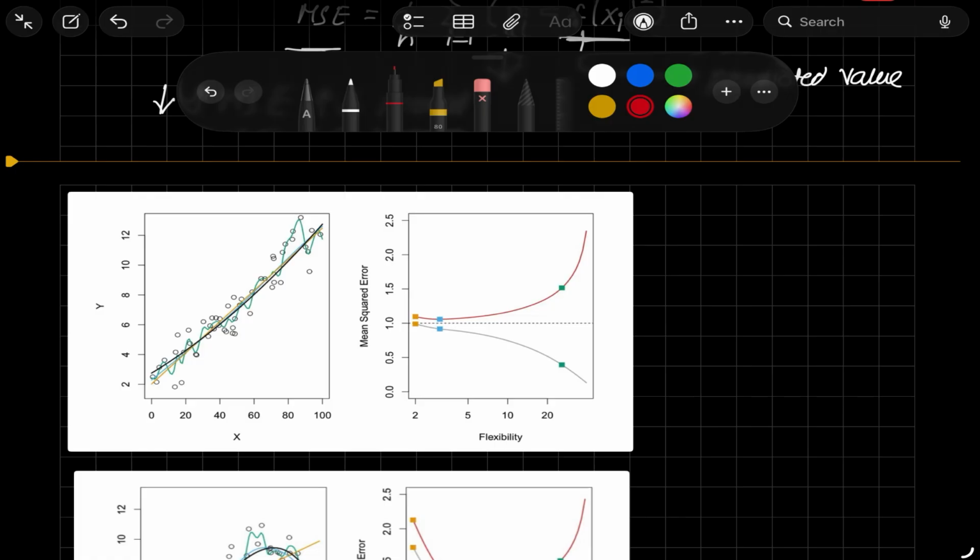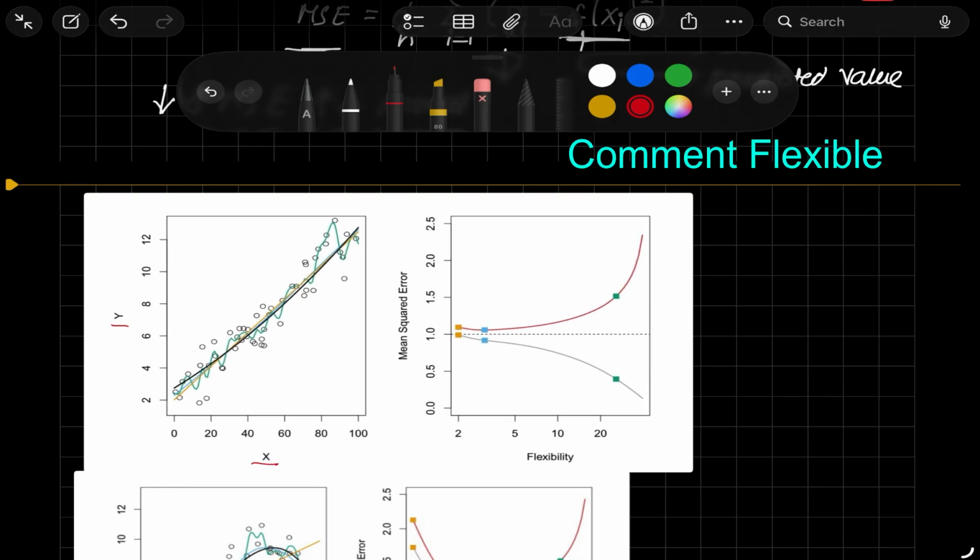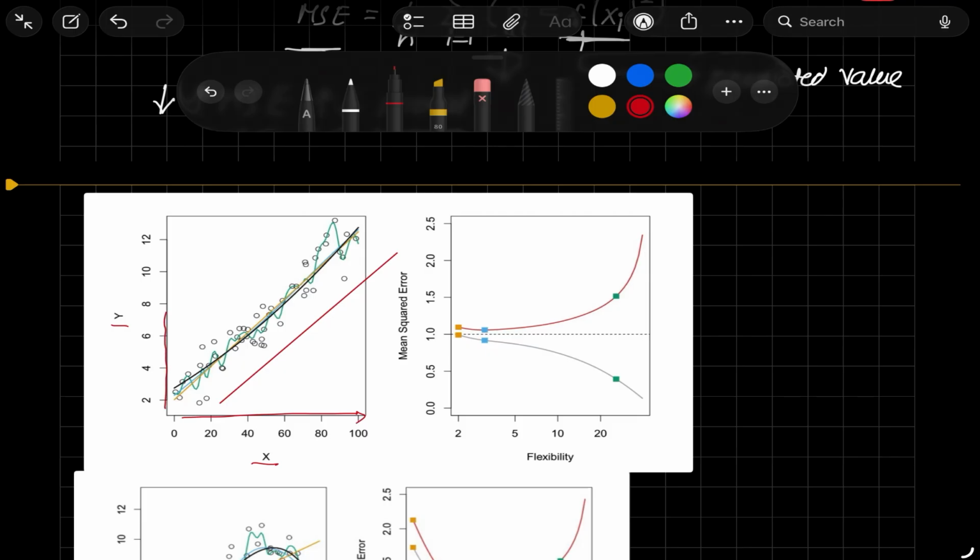In this graph, for X and Y, we can see that there is a linear relationship, because as X is increasing, Y is also increasing.